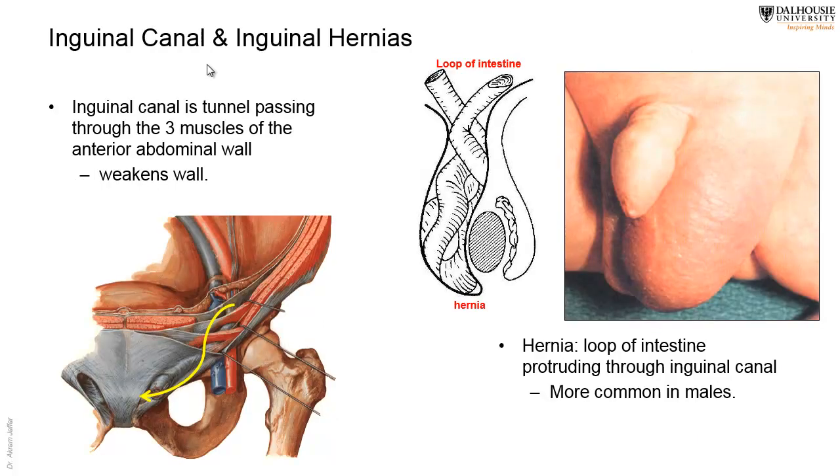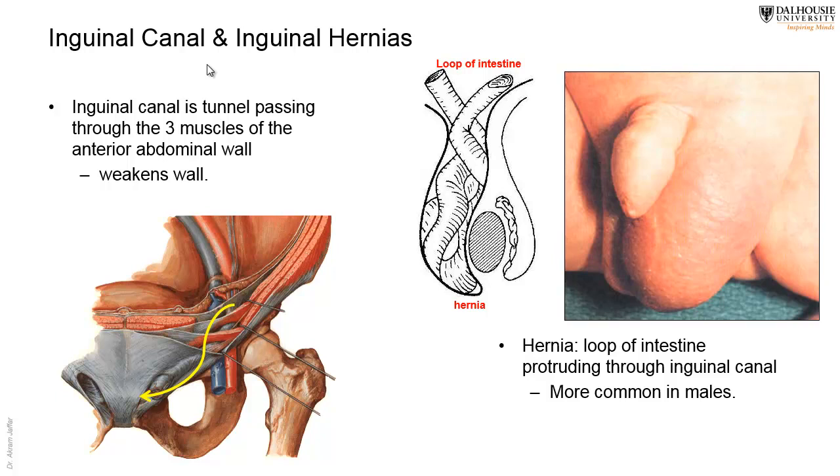As the testis is descending, it passes through the anterior abdominal wall. So there is a passageway here, an oblique passageway through the muscles that form the anterior abdominal wall until it reaches the scrotum. This means that there is a weakness in the anterior abdominal wall, and this weakness will predispose for what we call a hernia, where a part of the small intestine, for example, or even part of the peritoneum might push itself through this weakness and reach the scrotum.